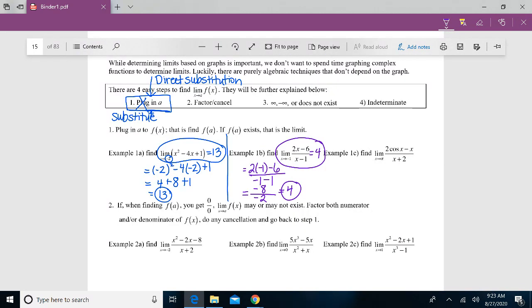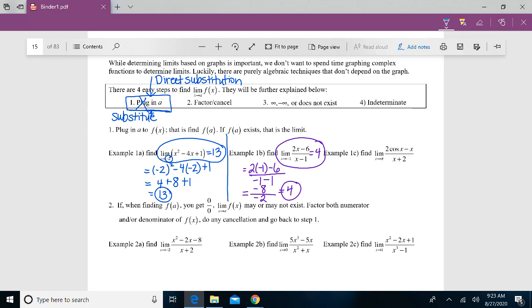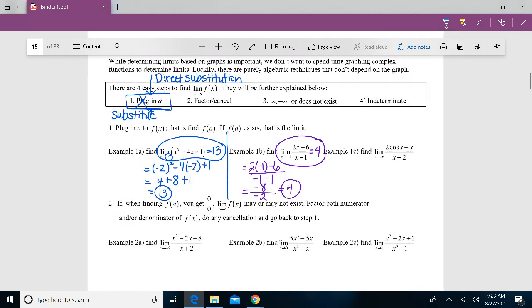Whenever you're doing limits, the very first thing you want to try for every single problem is direct substitution. You're going to try to substitute that value straight into the function that you're given. Now, if you try direct substitution and you get something like 0 over 0, well, 0 over 0 isn't really a number.